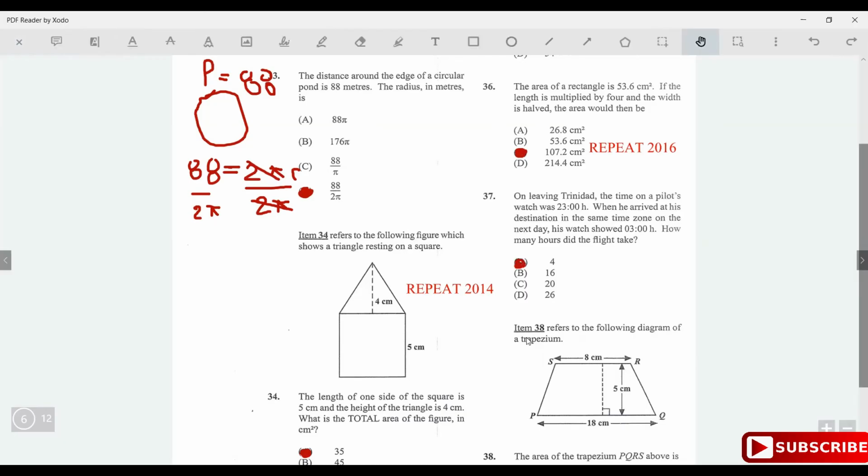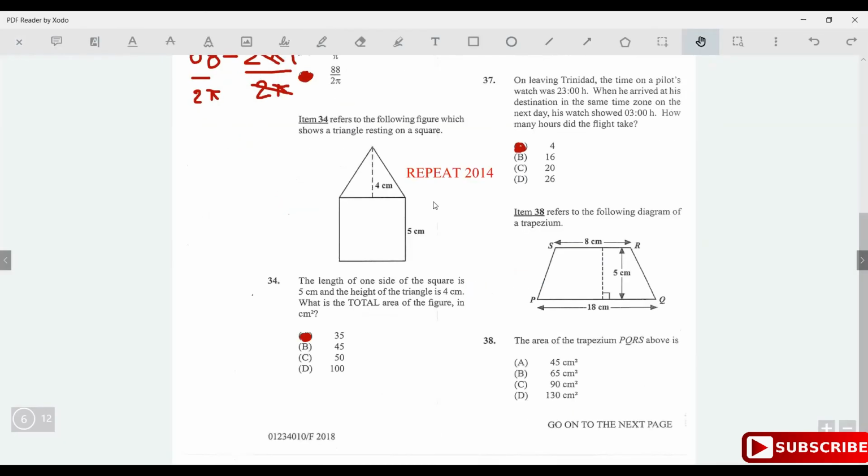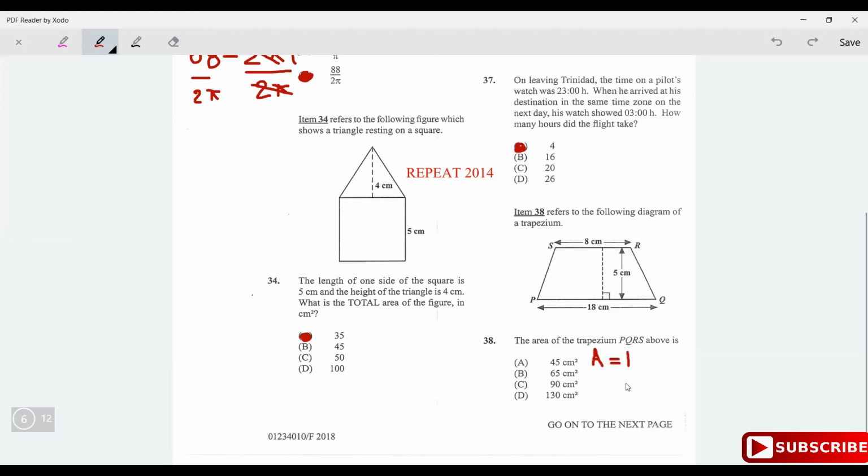All right, now here they ask to find the area of the trapezium. The area of the trapezium is equal to half the sum of the parallel sides times the perpendicular height. And so the area, I like to call it A, is equal to half the sum of the parallel sides. So it is a half the sum of 8 plus 18, multiplied, of course, by the perpendicular height of 5.